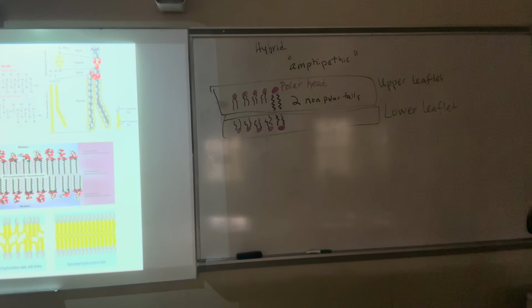It has one polar head and two non-polar tails. So if they ask you, is the plasma membrane non-polar or polar? Excellent. It's mostly non-polar. But it is polar because the head is polar, but the rest is non-polar.